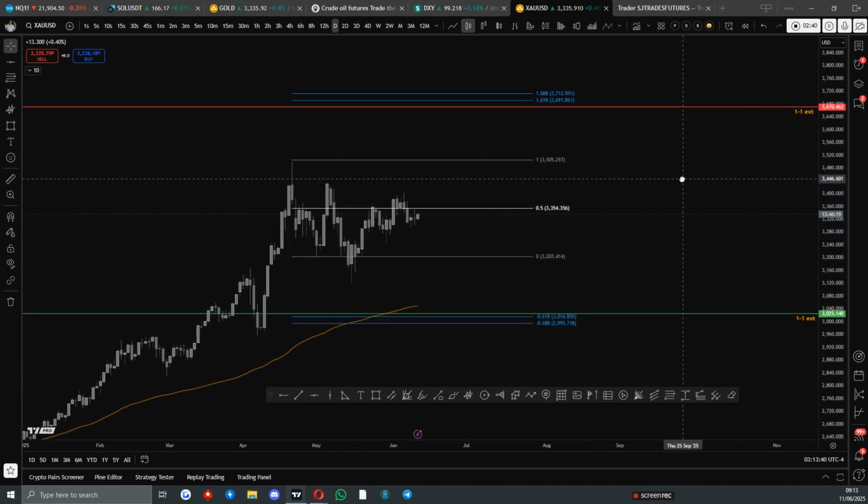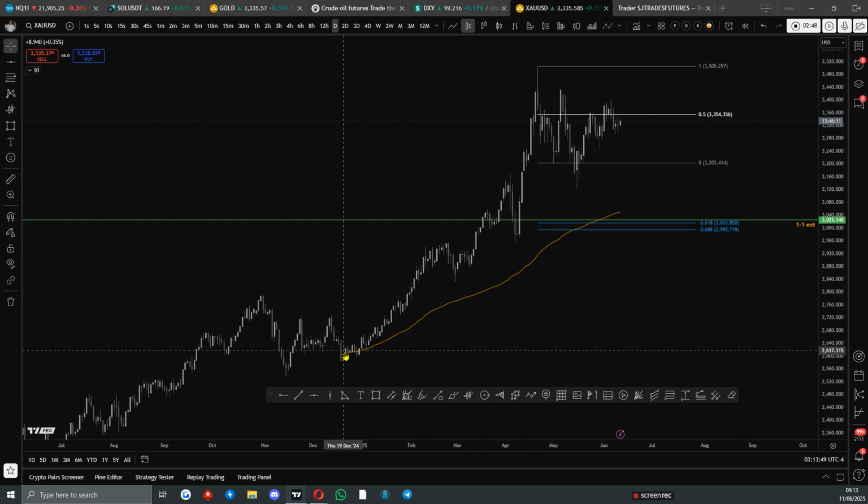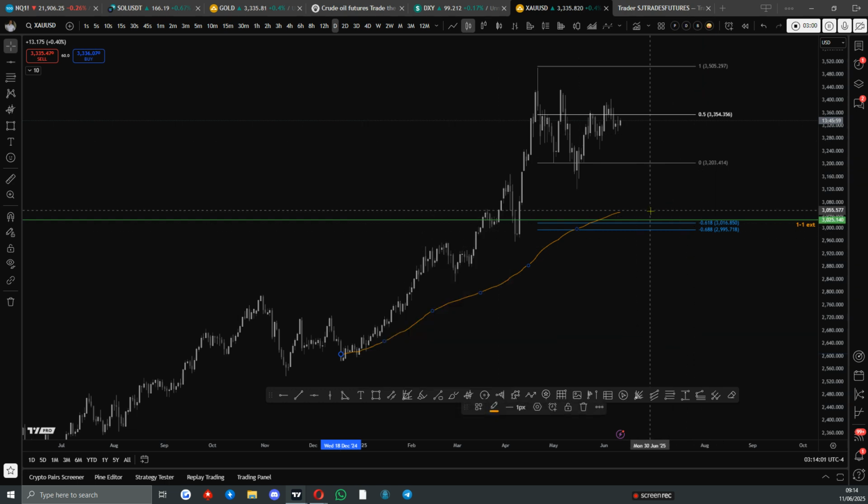Now, obviously, you can see quite clearly this aligns really well with our one-to-one extension, and also we have the anchored VWAP from the low of the 17th of December, from this big move to the upside basically from the start of the year, sitting down at that 3K level.